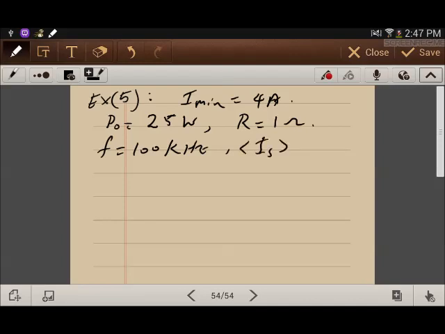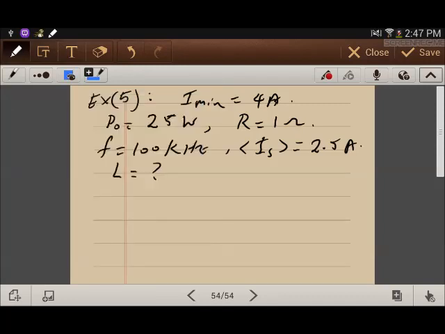The average value of the switching current is 2.5 amps. And they asked us to find L under this condition.